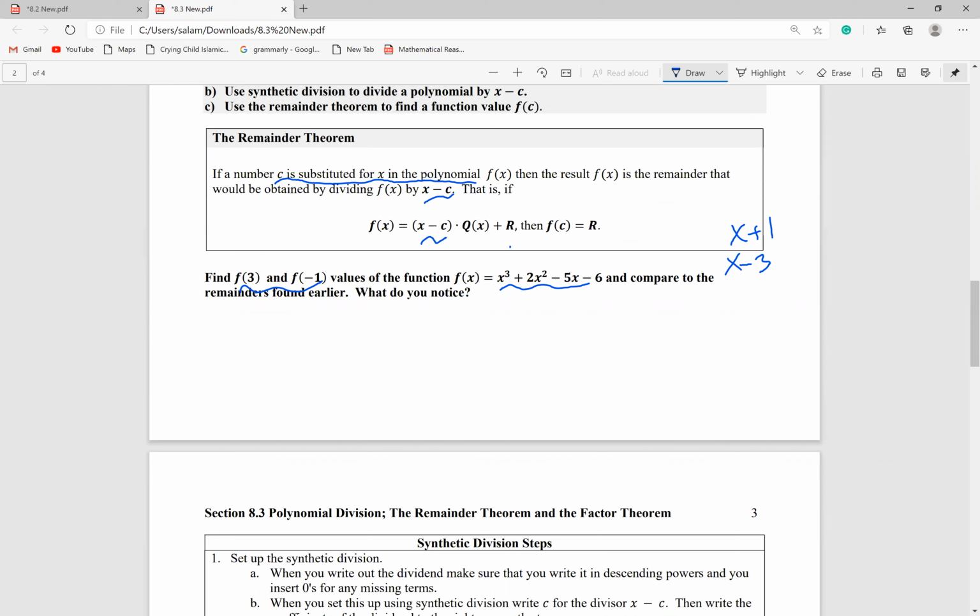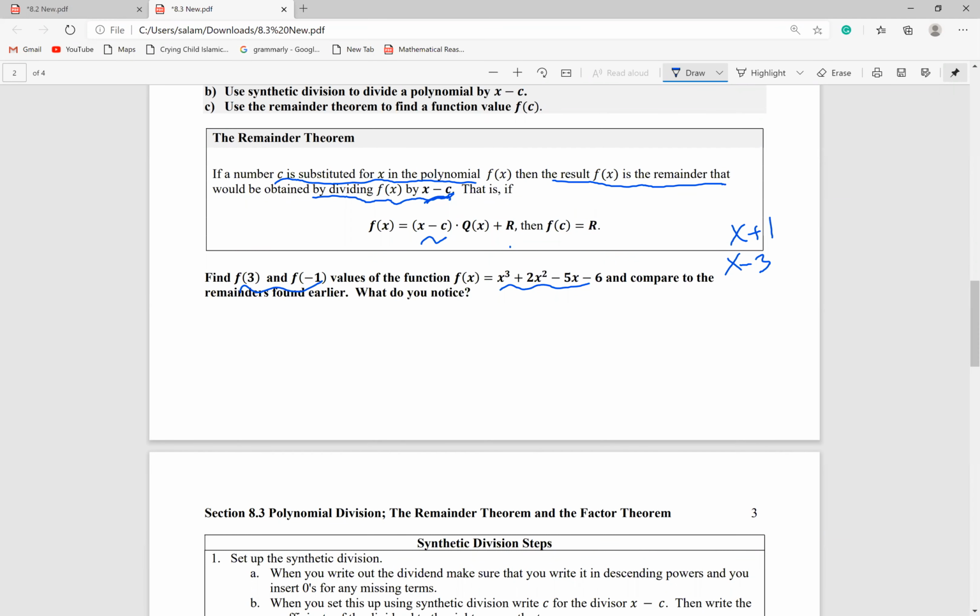And don't forget it said x minus c. If a number c is substituted for x in a polynomial f of x, then the result f of c is the remainder that will be obtained by dividing f of x by x minus c. It has to be in that form, x minus c.